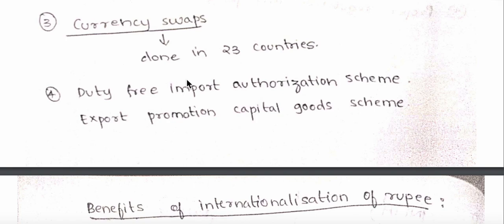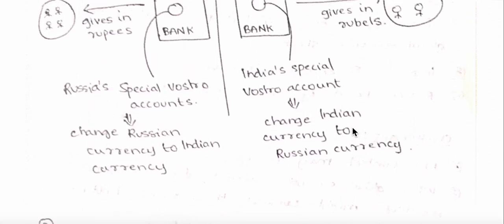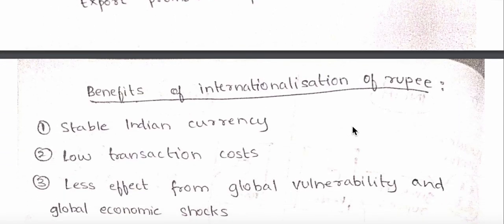Some new schemes were also launched, that is the duty free import authorization scheme and the export promotion capital goods scheme. All these are schemes and initiatives by the government to internationalize the rupee.